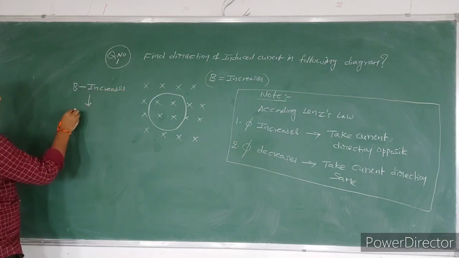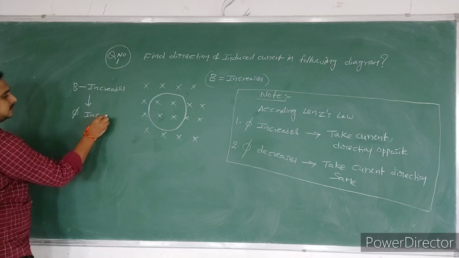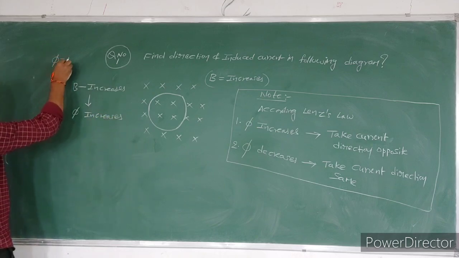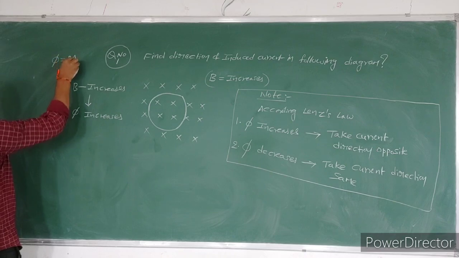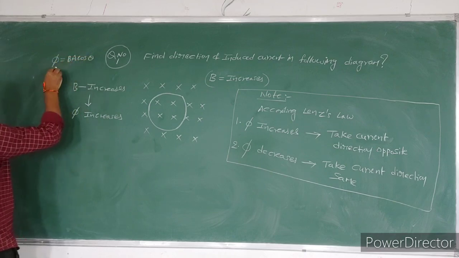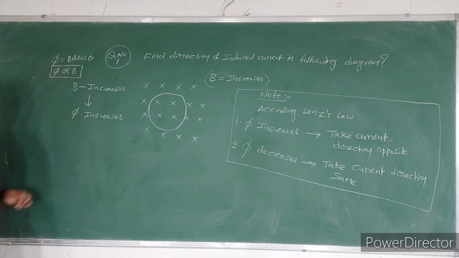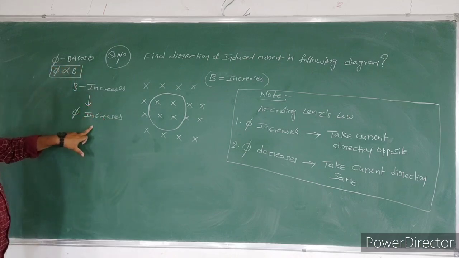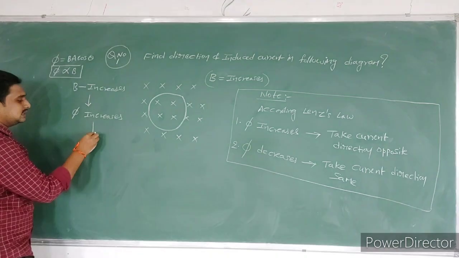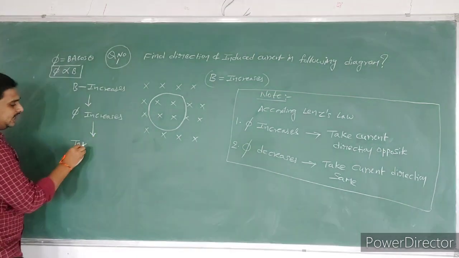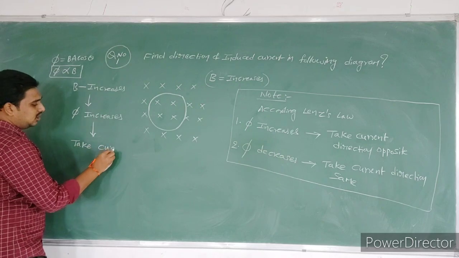Increases means flux increases, because the magnetic flux formula is B A cos theta, and flux is directly proportional to B. If the magnetic field increases, flux increases. Flux increases means we will take the opposite direction.